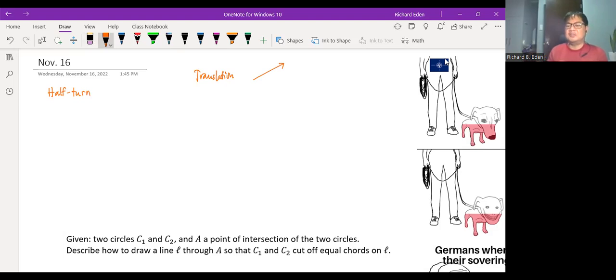Those two aspects, the distance and direction, are captured by a vector. For every vector, there's a corresponding translation, and vice versa. A translation is described by a vector.